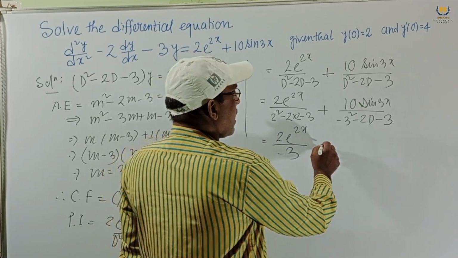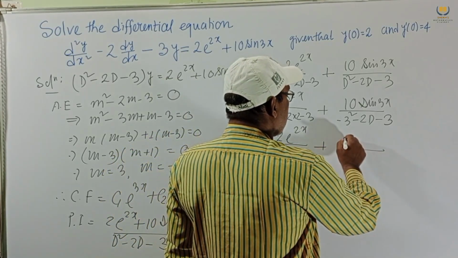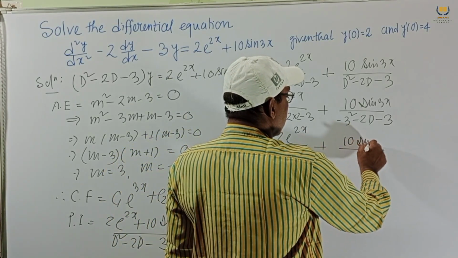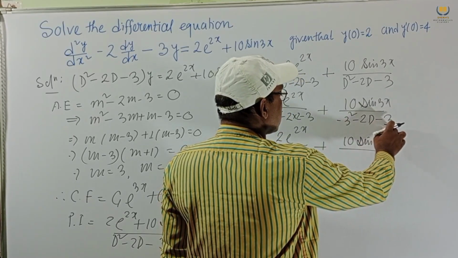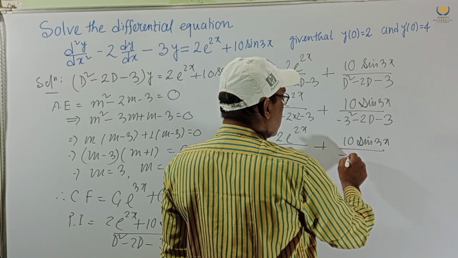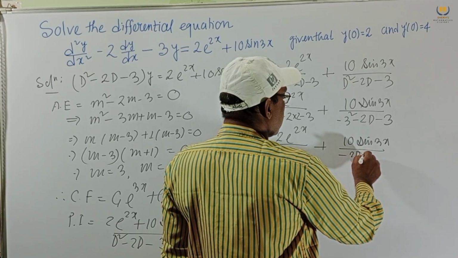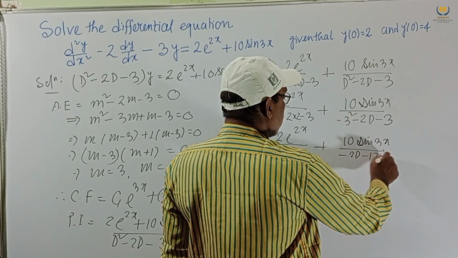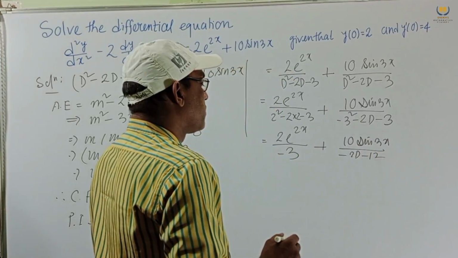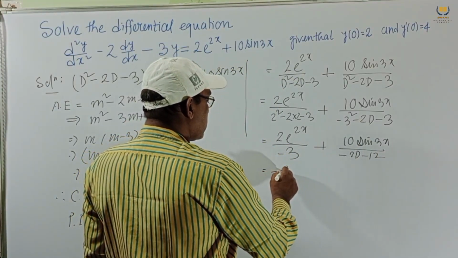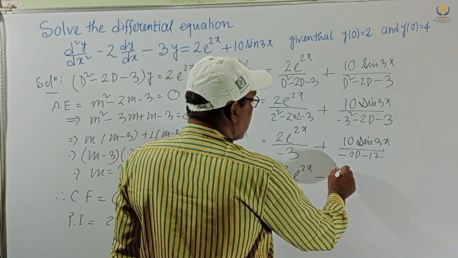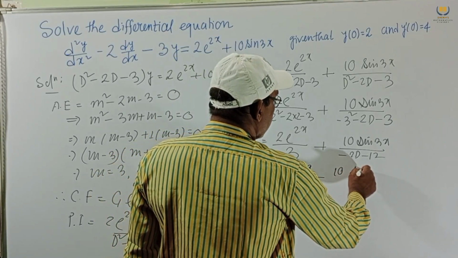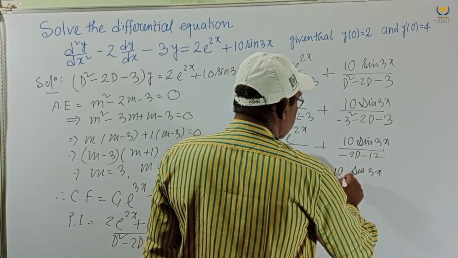And this one is 10 sin 3x over 9 minus 3 minus 12, that is minus 2D minus 12. Then this is minus 2 by 3 e to the power 2x and 10 sin 3x over minus 2D minus 12.